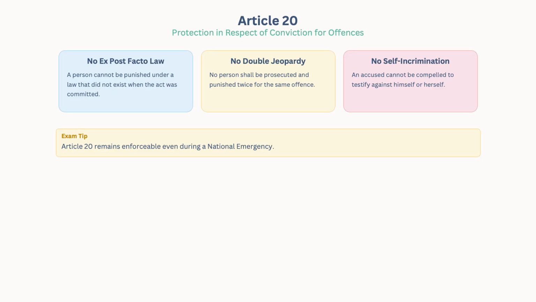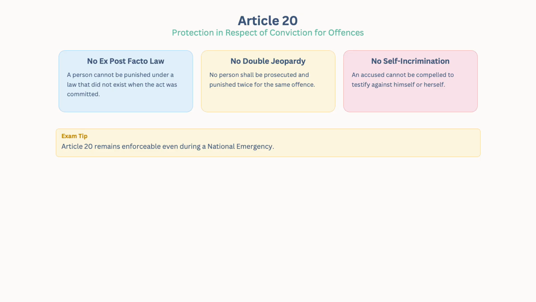For example, if you stole a bike, and the law says the punishment for stealing a bike is 2 years, but 2 days after you were arrested, while you were still in police custody, the law changed. Now the new rule says the punishment is 10 years for stealing a bike. But when you committed the crime, the punishment was 2 years. So only 2 years will be applied to you. That's what no ex post facto law means.